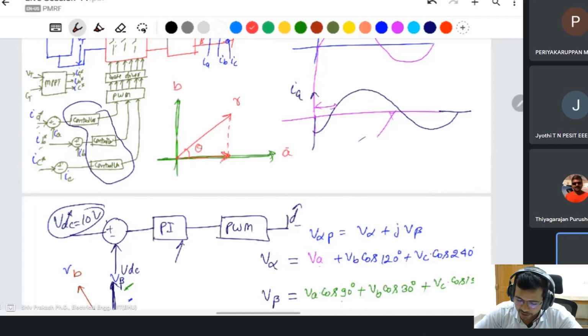This is theta, this is the hypotenuse, this is the base. Then how to apply cos? Cos theta is equal to base by hypotenuse.